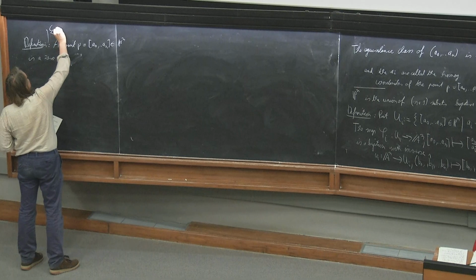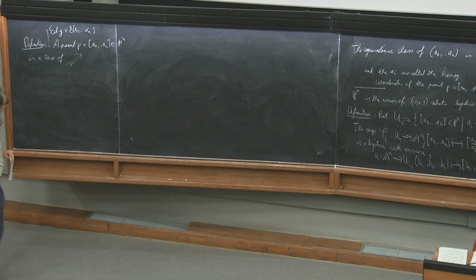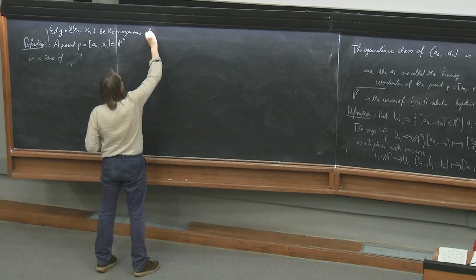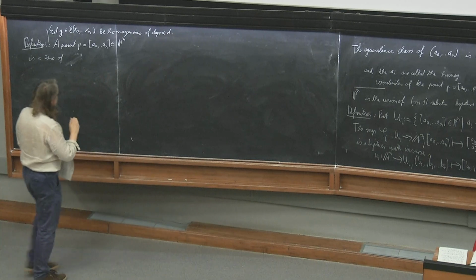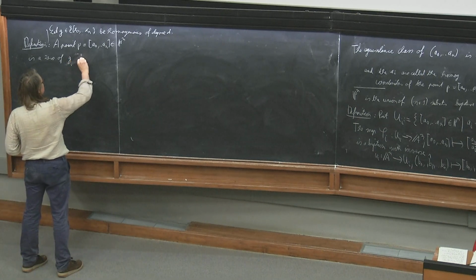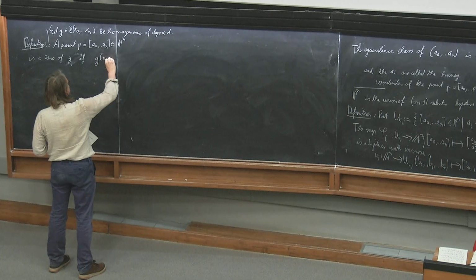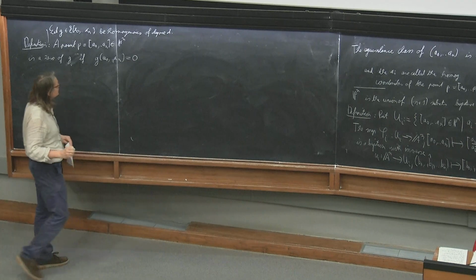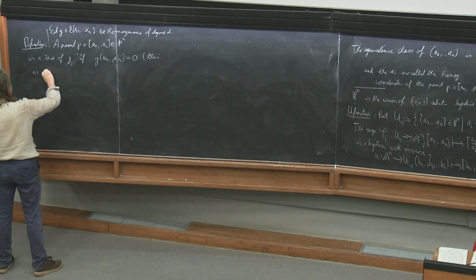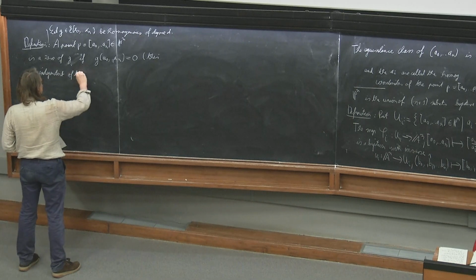So this goes before: let G in K[x0 to xn] be homogeneous of degree D. Then a point A0 to AN in Pn is called a zero of G if G of A0 to AN is 0, and this is independent of the representative.